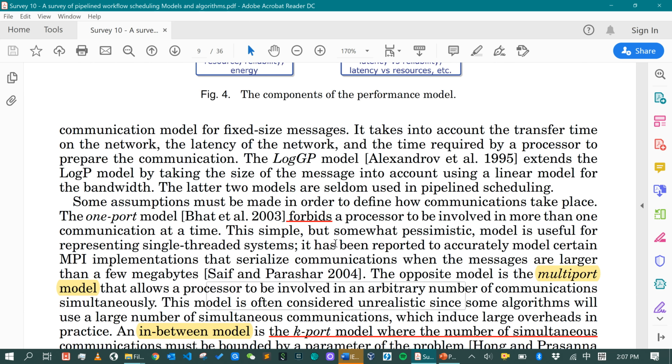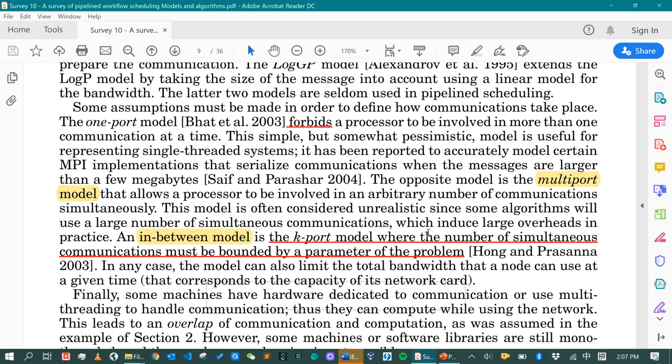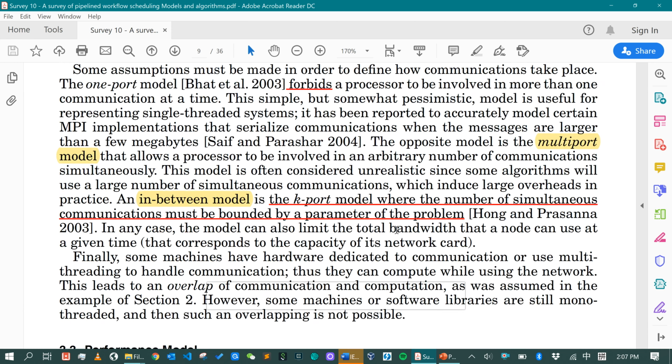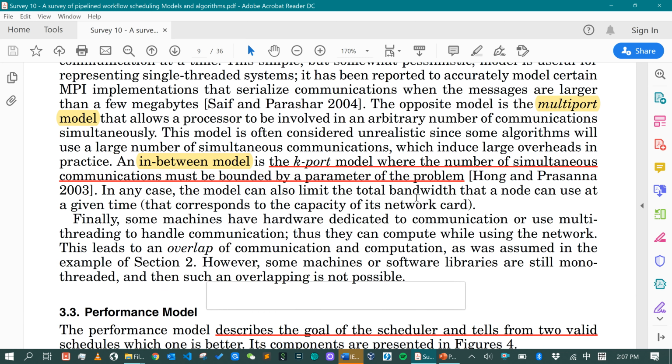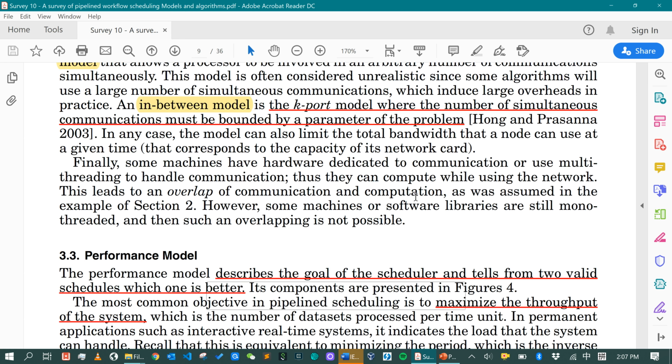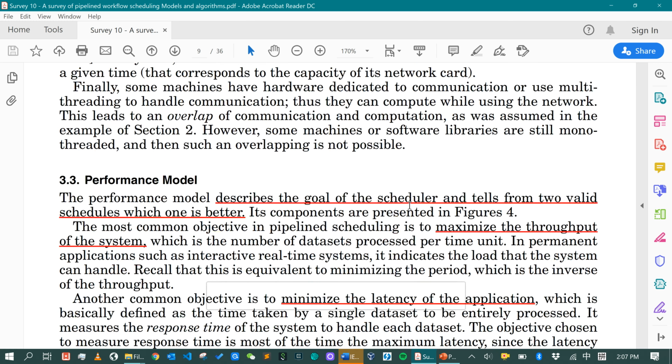Maybe this is not true most of the time, so there is another multi-port model for bandwidth. There is also an in-between model between one-port and multi-port. I think this is very interesting, and it gives me more knowledge that there exist a lot of different models, even for bandwidth.